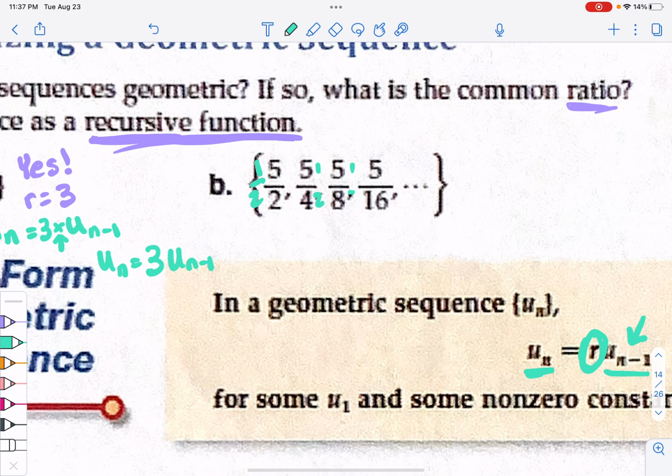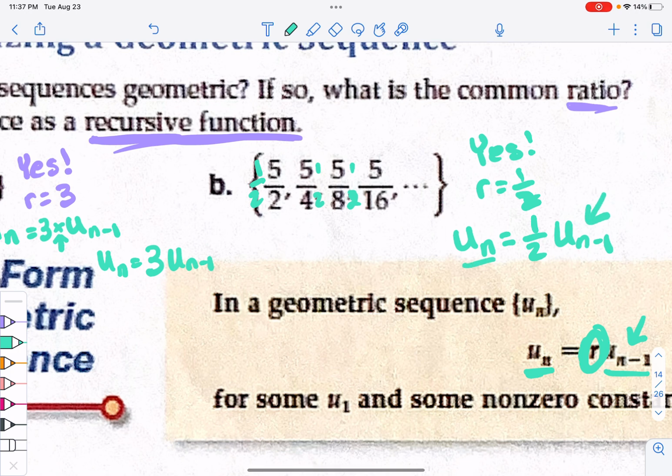If I take that times 1/2, that will be 5/16, etc. So this is another yes, and the r value is 1/2. So we're not dividing by 2, we're multiplying by 1/2. And our recursive sequence is u sub n equals that r value, which is 1/2, times u sub n-1. So it's just saying the term right before it, I take it times 1/2 to get the next term. That's what that recursive formula is saying.